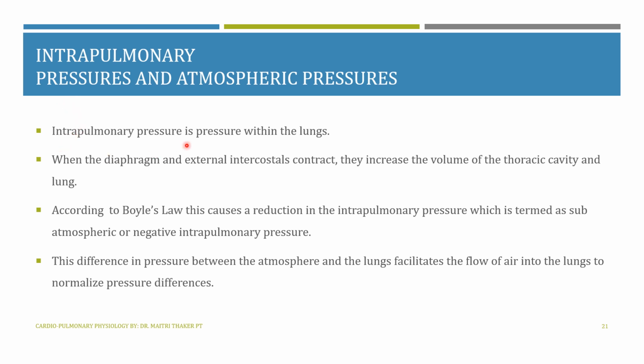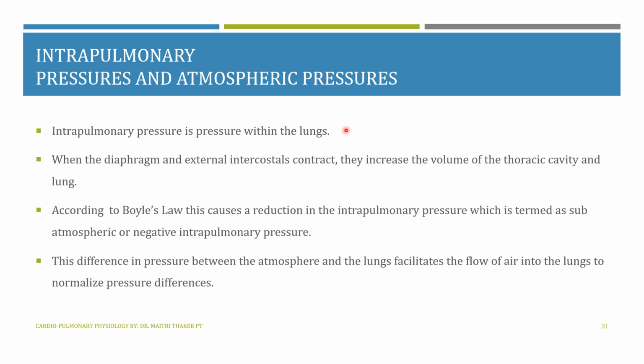Intrapulmonary pressure is the pressure within the lungs, as the name suggests. When the diaphragm and external intercostal muscles contract, they increase the volume of the thoracic cavity and lungs. According to Boyle's law, this causes a reduction in intrapulmonary pressure.